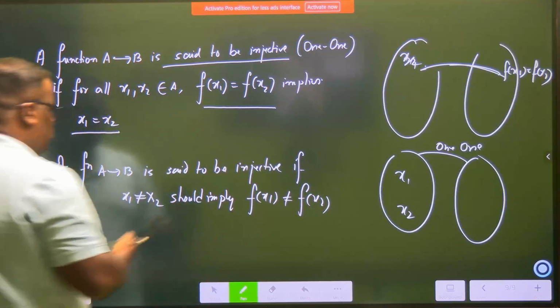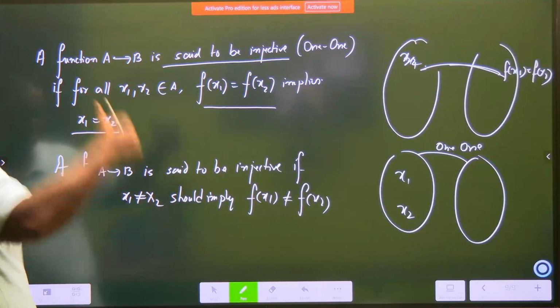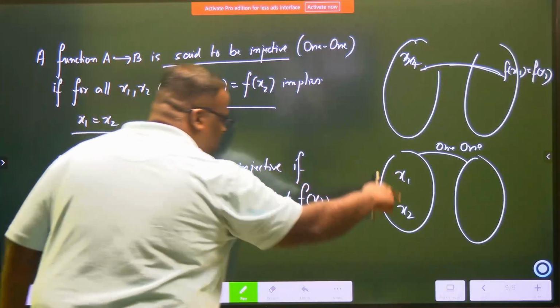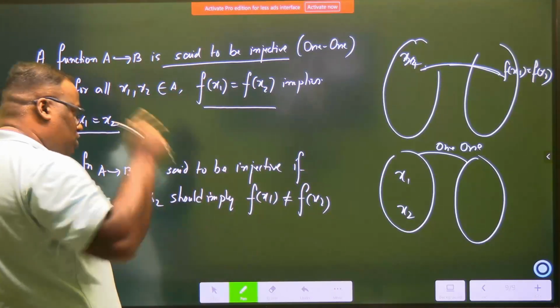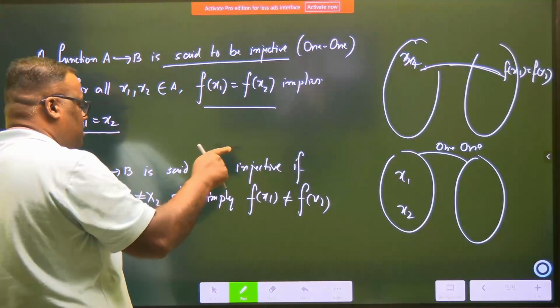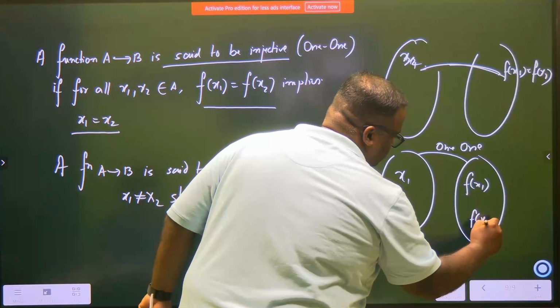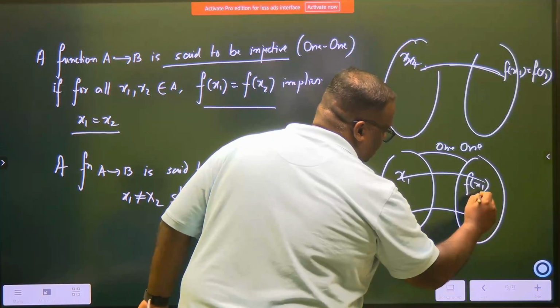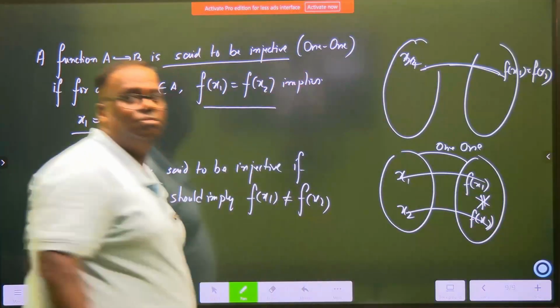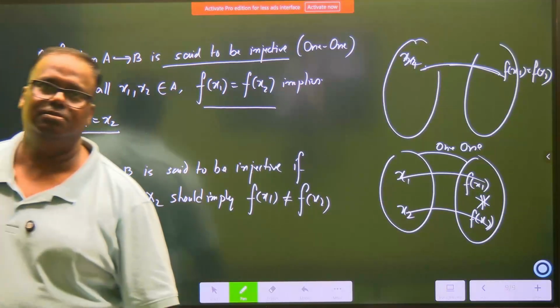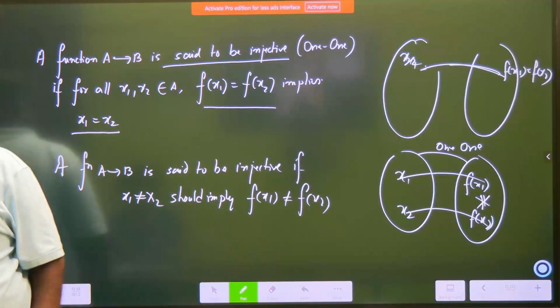Sir, what did you assume? Sir, I assumed that the function is injective. Correct? Sir, I took two distinct inputs. Correct? You still want to call it injective? Yes, sir. Then please ensure that f(x1) and f(x2) will be two completely different. These two cannot be equal. Yes, injective. Clear?